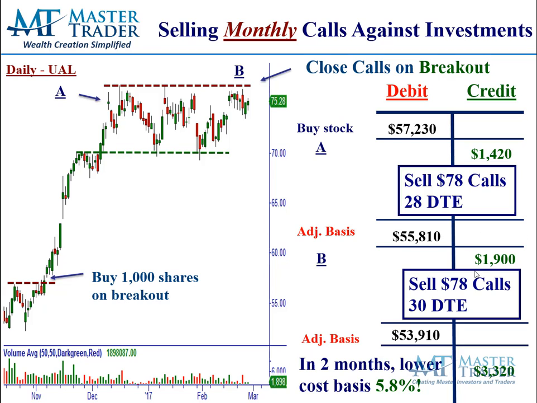We took in $1,900 in this case, lowered our cost basis to a little under 54. Now think about this. In 2 months, we have lowered our cost basis 5.8%. Ladies and gentlemen, that is staggering if you appreciate what I'm telling you.